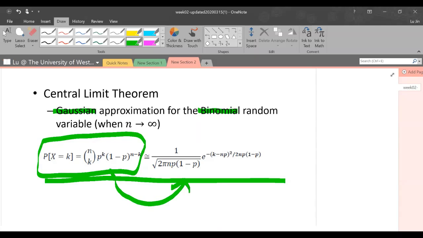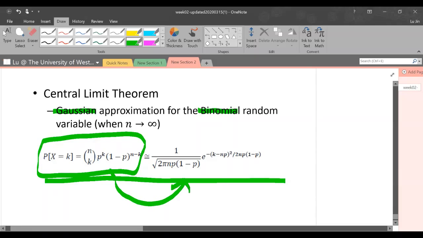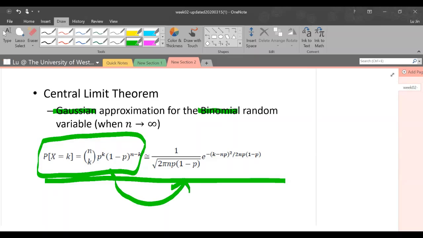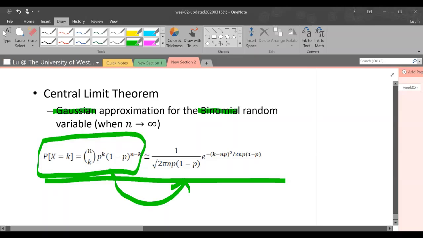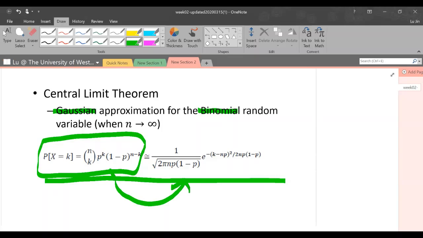If the n is large enough, the final result of this binomial experiment is actually the summation of n IID random variables x. So why is it IID? Because between any two times you toss the coin, there's no relationship at all. And also each single time you toss the coin is one Bernoulli experiment with the same mean and the same variance, right? So these are the IID random variables within one single binomial experiment.